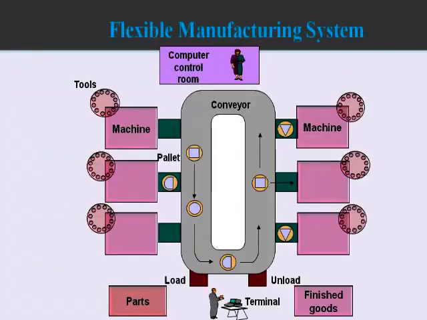You see this, the flexible manufacturing system. Workpieces are transported from the loading station to the machines as per the process sequence, and the required CNC programs are downloaded as per the movement of the parts among these machines. The part programs are downloaded and the machines are routed accordingly.